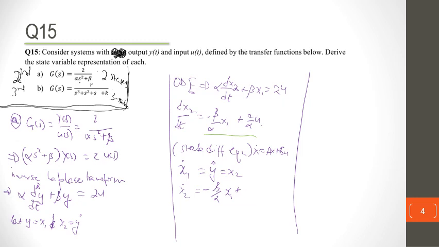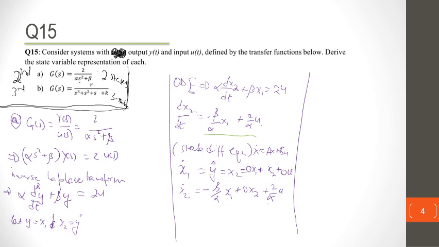We can also say plus 0 times x2 plus 2 over alpha u, and for the first equation this is the same as saying 0 times x1 plus 1 times x2 plus 0 times u.